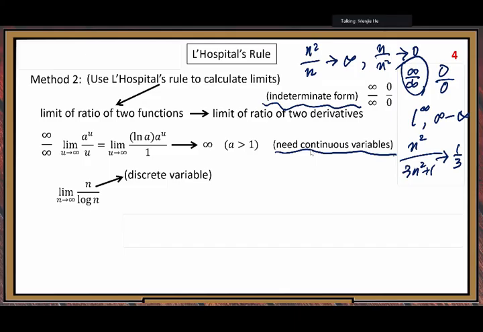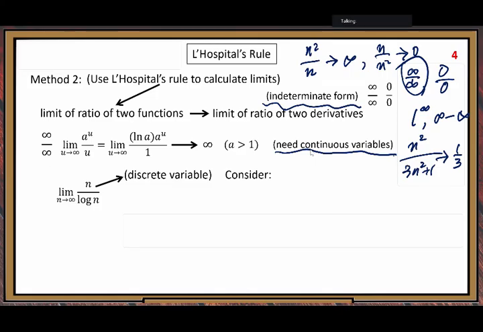When you look at its derivative, how do you define a derivative? By the definition of derivative, for a function with a discrete variable, its derivative does not exist.